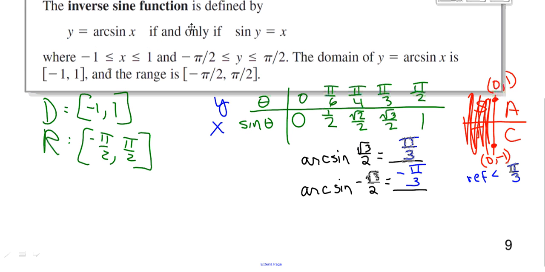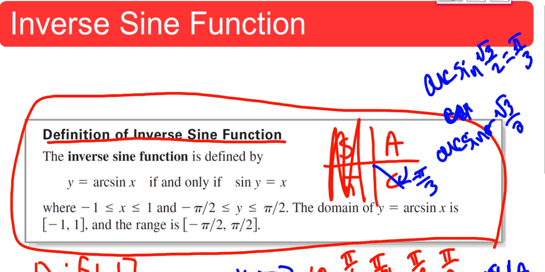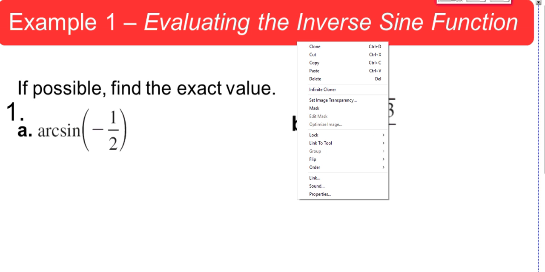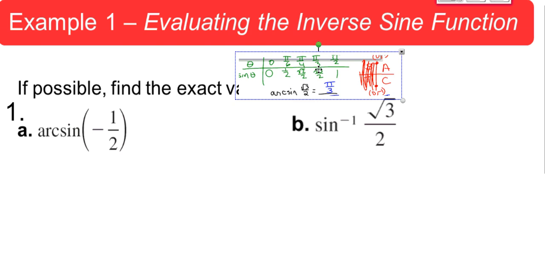Okay, so now our job is to find, if possible, exact values, okay? There are two reasons it says if possible. If it doesn't fall within our domain, it's not possible. And if it doesn't fall on our table, we can't get an exact value, correct? So our goal is to see if we can find things that are on our table.